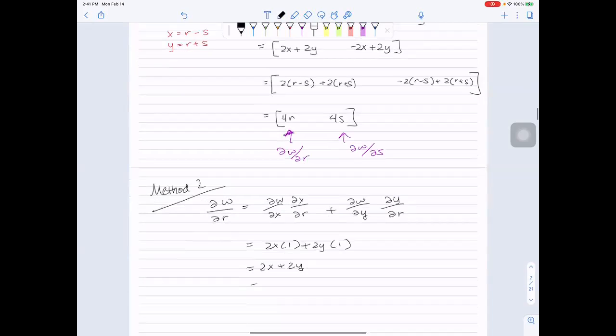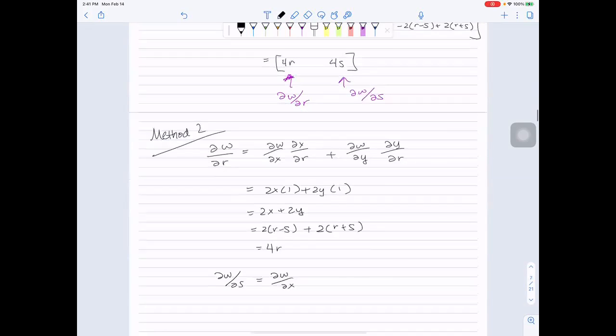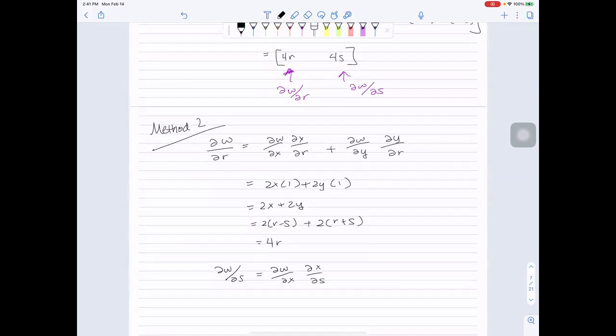And then again, you plug in what was x and what was y. And you get the same answer of 4r. And you can do the same thing with the partial with respect to s. And you should get the same exact answer. So either way works. Any questions?